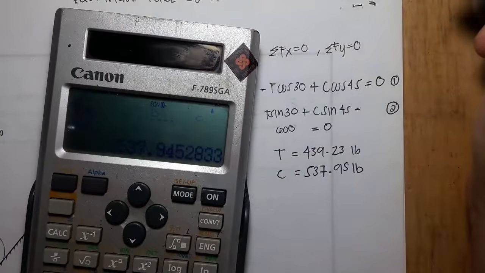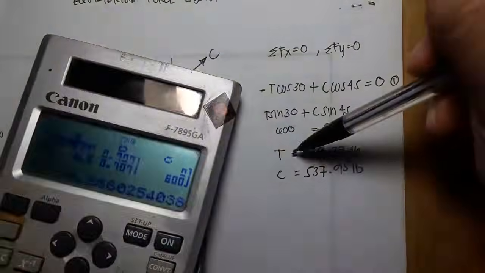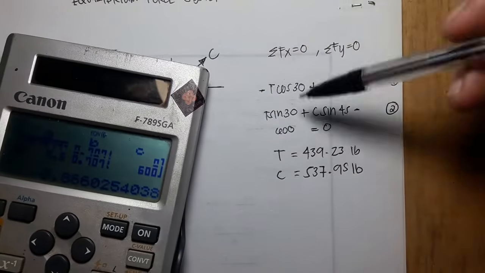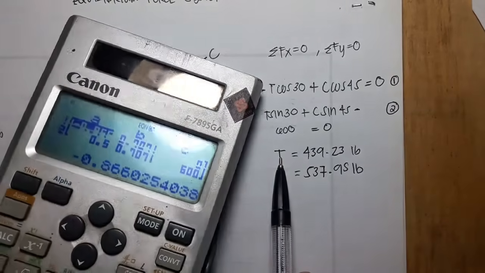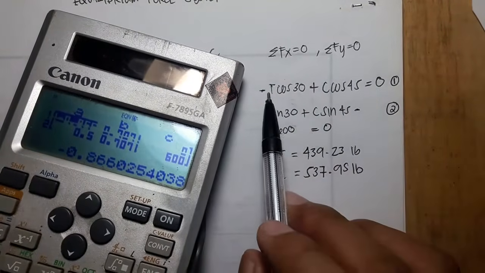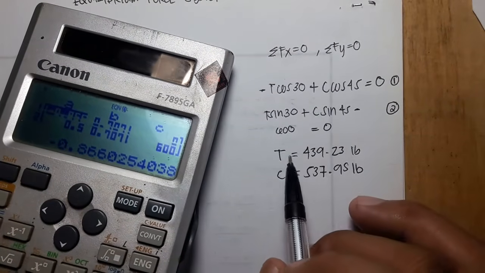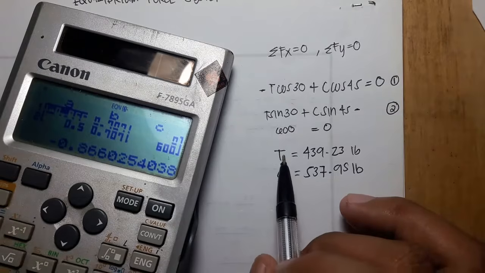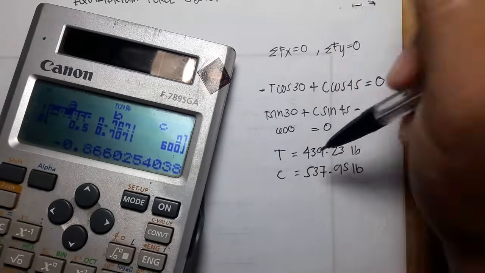Here, what will you see first? For example, in this solution, we got the T first and the second C. The order in your equation is also the order of your solved values.